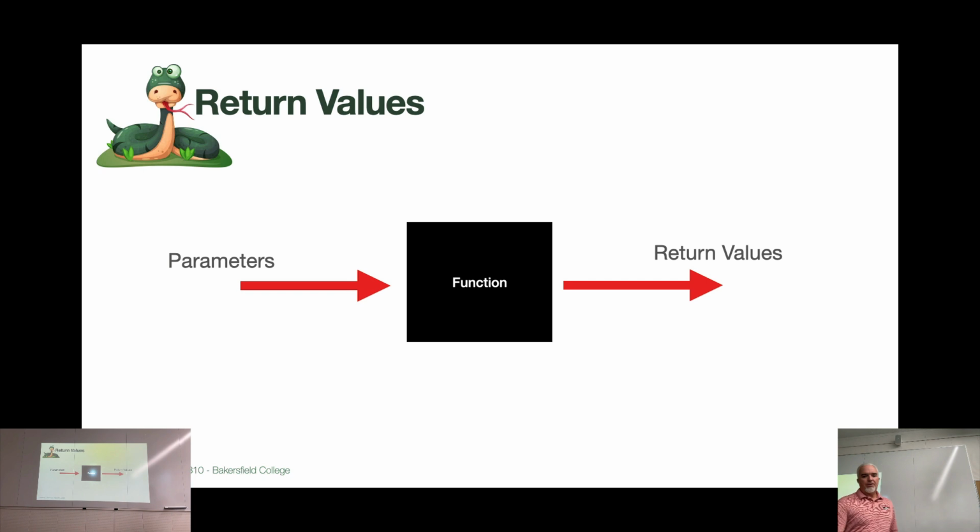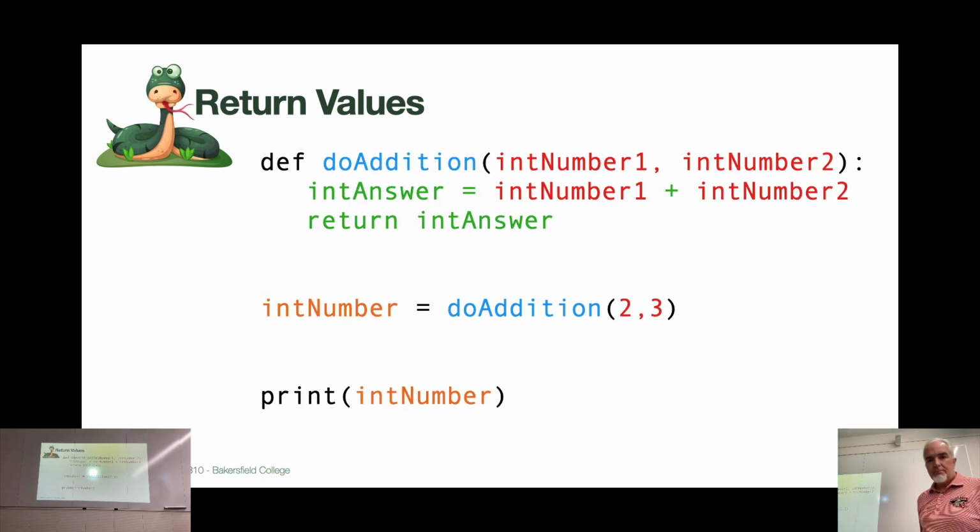But the return values in a function work like this. It's easy to remember because you use the return keyword. So if I have a function called doAddition, and it takes two arguments, it has two parameters, int number one and int number two, it takes those and adds them together, puts them into a variable called int answer, and then returns that variable.